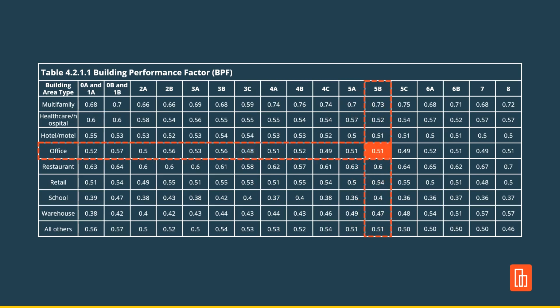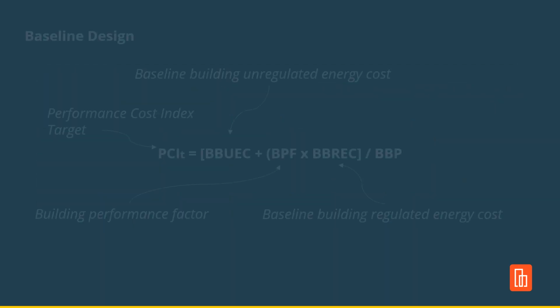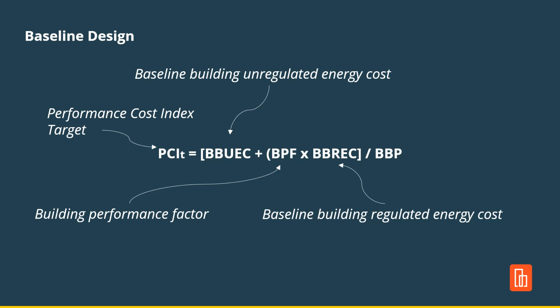If we were in climate zone 5B, the same building is going to have a building performance factor of 0.51. So this value is simply brought back into the equation, as you all know, and they have certainly represented challenges because they can be very onerous and a difficult component of the compliance pathway.